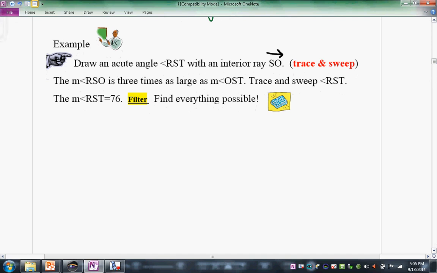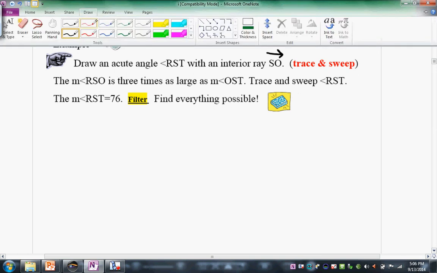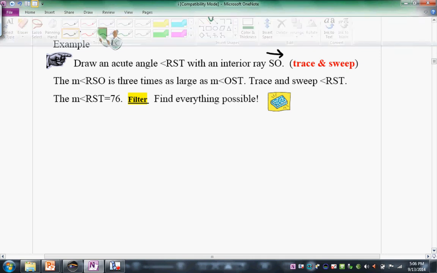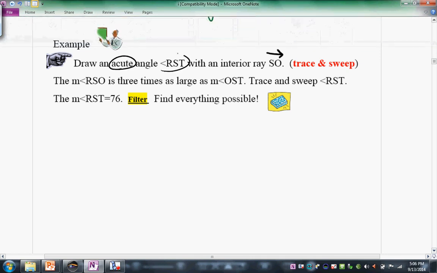We have a problem. It says draw an acute angle RST with an interior ray SO. Let's draw just that. We have an acute angle RST with an interior ray of S to O. Notice S is the hinge.